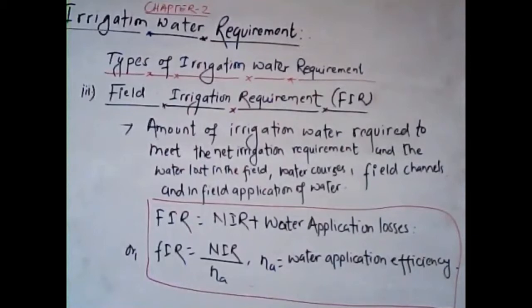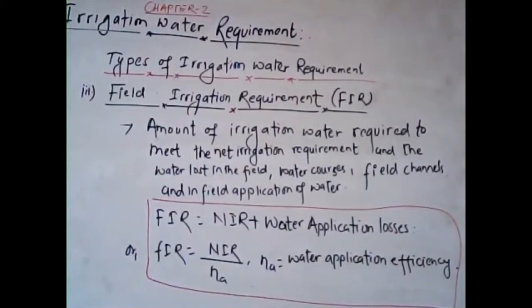So field irrigation requirement is the irrigation requirement for meeting the net irrigation requirement and the water application losses. Mathematically, FIR can be given as net irrigation requirement, okay, plus water application loss. This water application loss can be anything during the application of water. We apply different methods of irrigation, and the losses differ between methods.